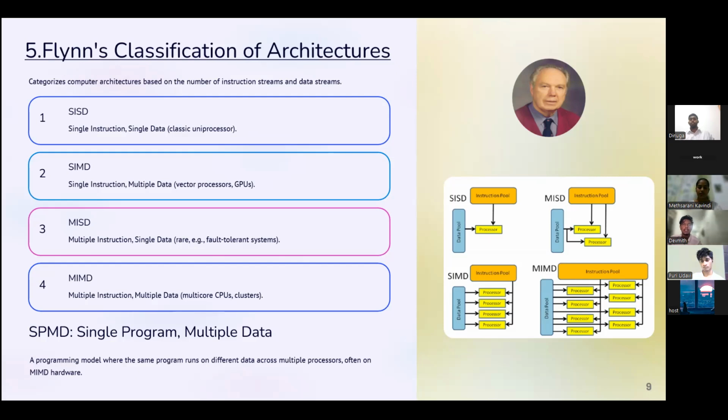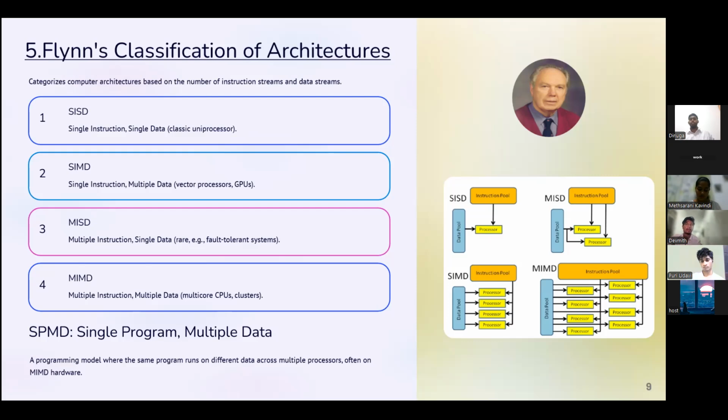It is mostly used in GPUs and vector processors. The third one is MISD, multiple instruction, single data. These are very rare and used in specialized systems. The fourth one is MIMD, multiple instruction, multiple data. It is found in multi-core processors and clusters. And we have SPMD, which is single program, multiple data. This is a programming model often used on MIMD systems.